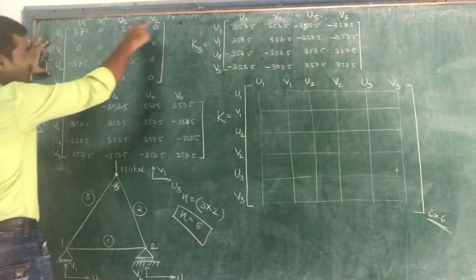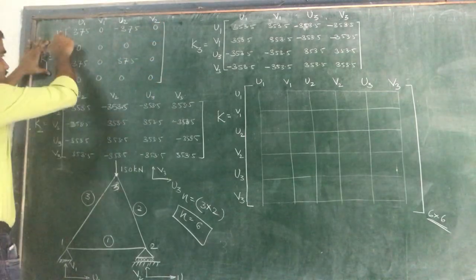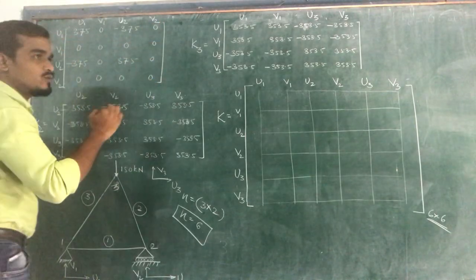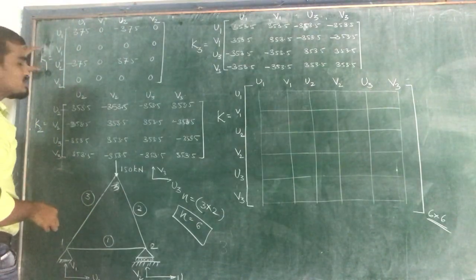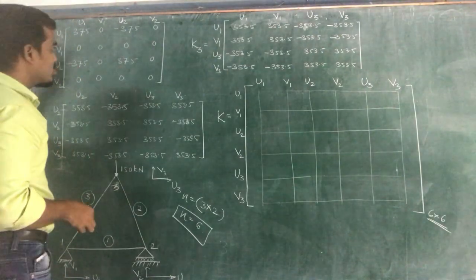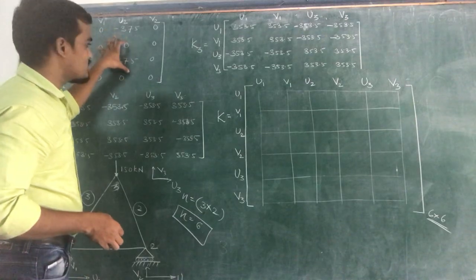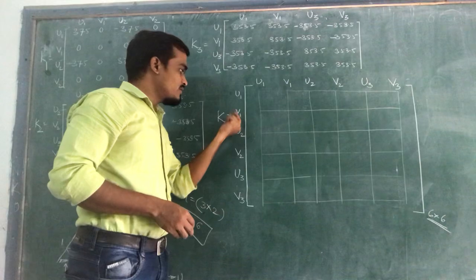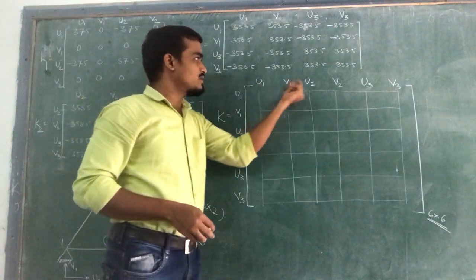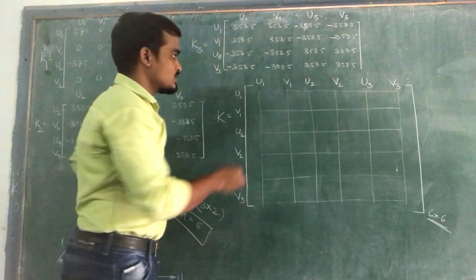So we need to write down these elements over the u1 v1 u2 v2 rows and columns. This is your elemental stiffness matrix for the first element. So we are writing this elemental stiffness matrix over the u1 v1 u2 v2 rows and u1 v1 u2 v2 columns.